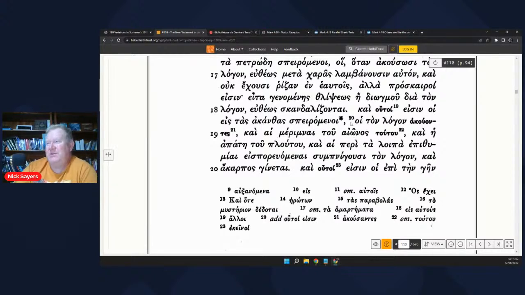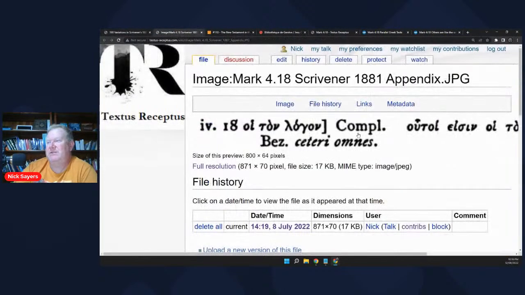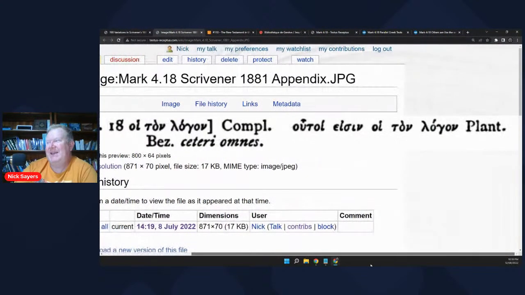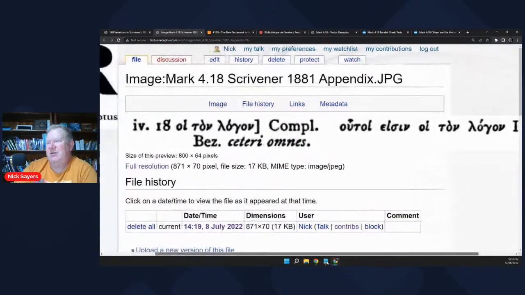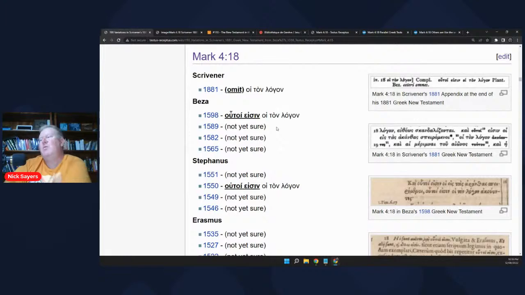Westcott and Hort add that in, but then that asterisk points to what I had up before, which is this one here in Scrivener's. It just points to that in his appendix, saying that he's amended Beza's text and chopped out these two words. So why would he do that?